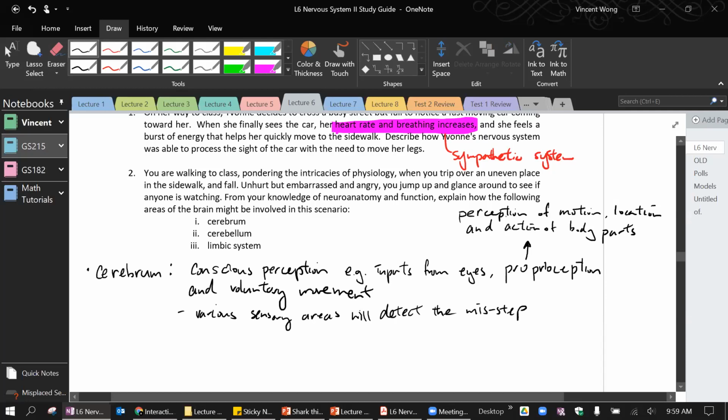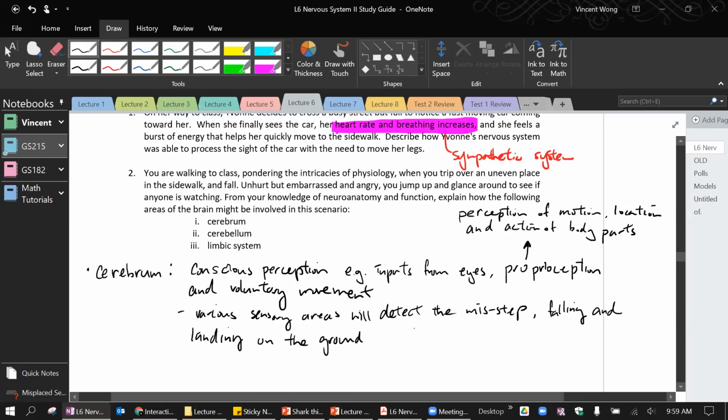Okay, so when you trip, the cerebrum will definitely detect that, and it will also detect the falling and landing on the ground.